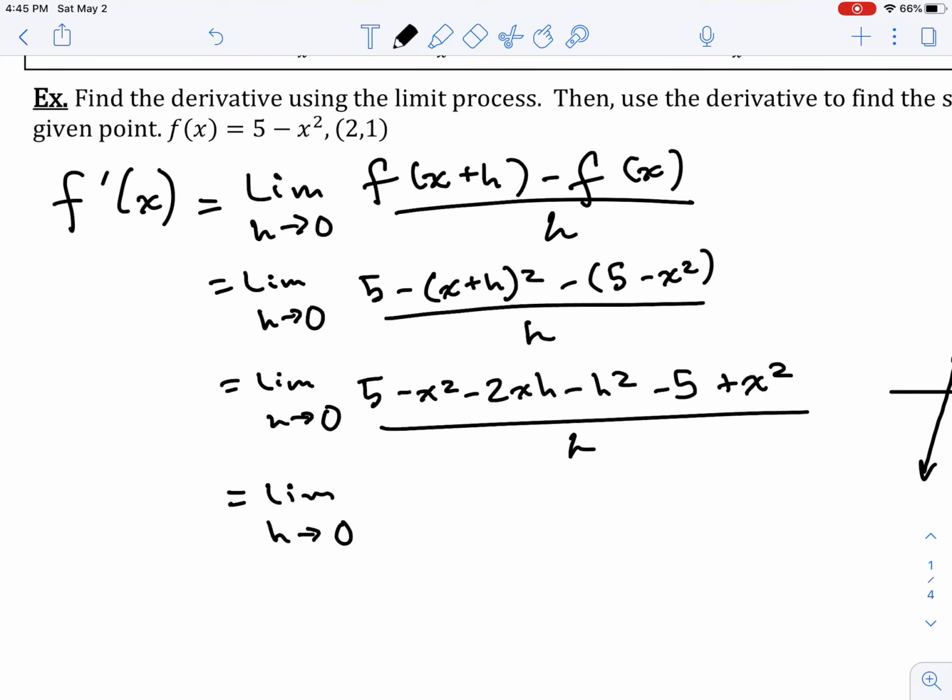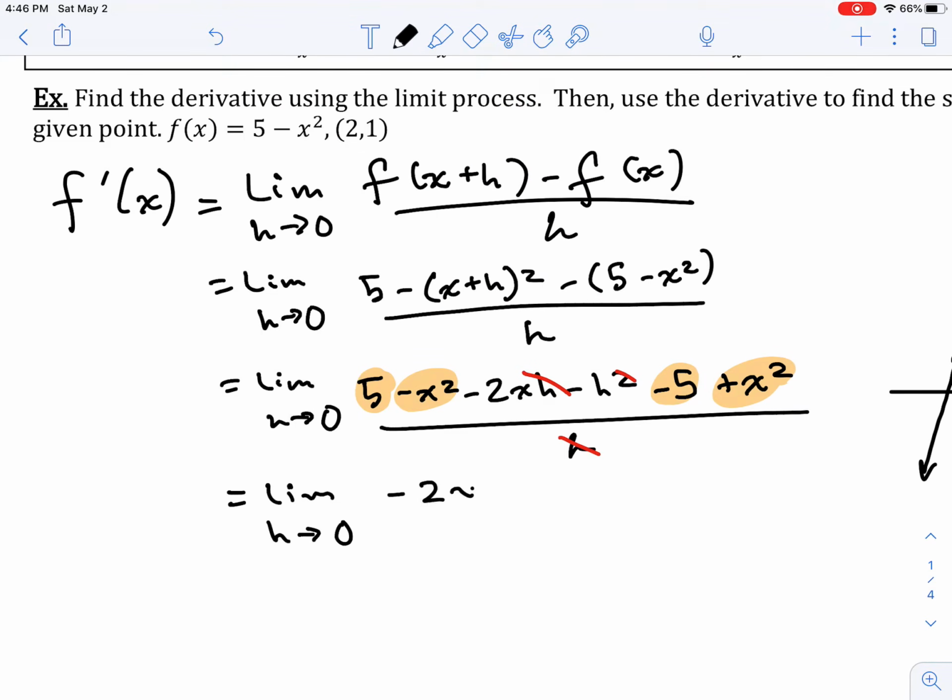And as you can probably tell, we're going to have a chance to do some cleanup here. So let me actually use my highlighter here so that things don't get too messy. So I got a 5, negative 5, positive x squared, negative x squared. And I can also divide out my h down here with these.